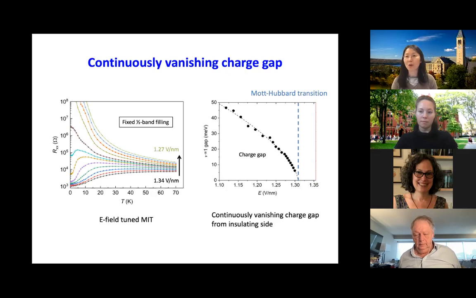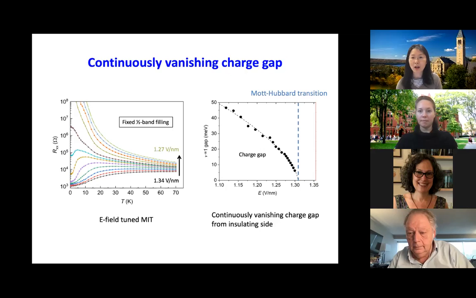The reason I think that's possible is because stripe phases have been discussed in high Tc materials quite a lot, and I think here the U/T is getting similar to those systems. Are you happy with my answer?